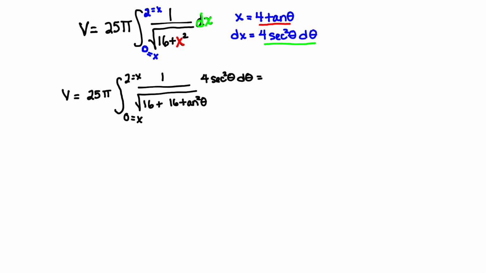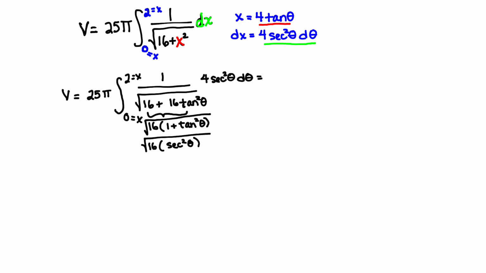And continuing on, what do we do when we have a trig substitution? Well, the first thing we do is try and simplify what's under that square root. And just remembering, I'm going to go rather quickly through this because this is kind of a review. We factor out that 16. We rewrite that 1 plus tangent squared using our fundamental identity as secant squared theta.